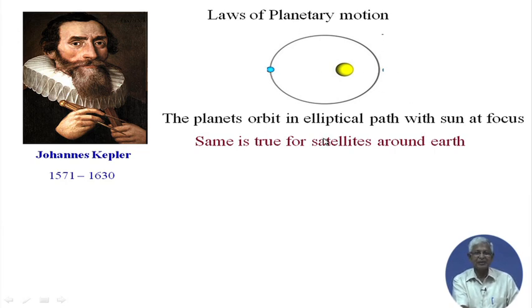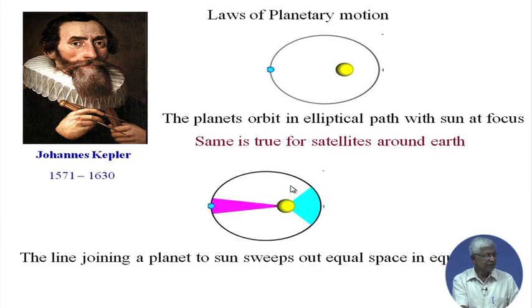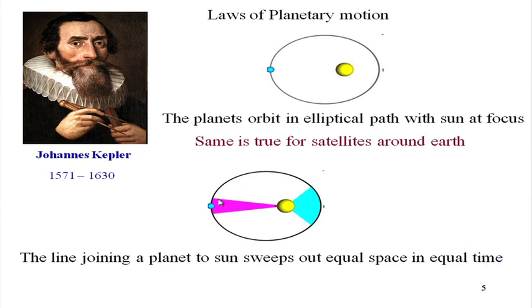We will try to calculate those numbers. There is a second law which states that the line joining the planet to the sun sweeps out equal area in equal time. That means the planet traveling over this much arc will create this much area which is swept.